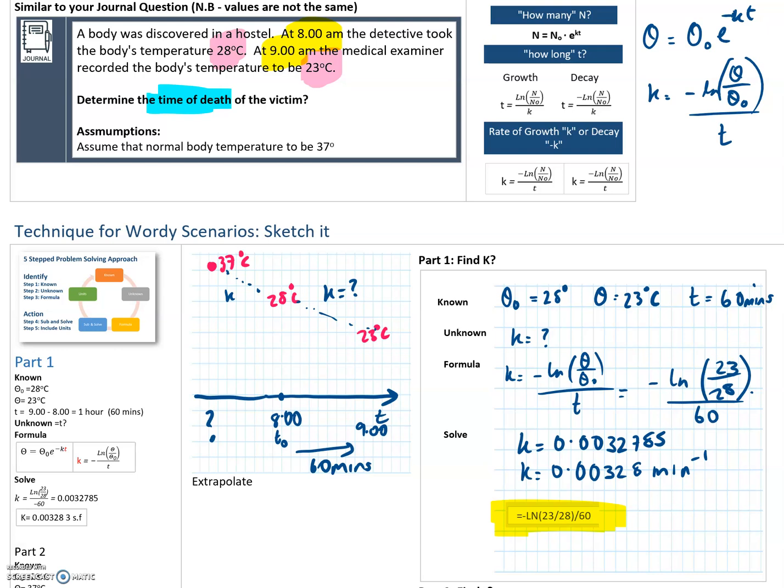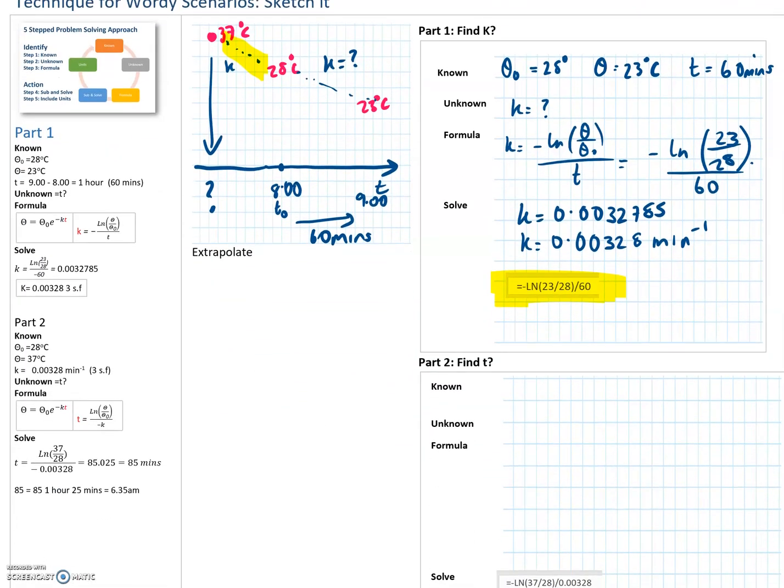Once we know our K value, we can extrapolate back to this part of the graph here to find out the time when the body was 37 degrees. So we're going to take this K value and use it as one of our knowns for the next part. K is equal to 0.00328.